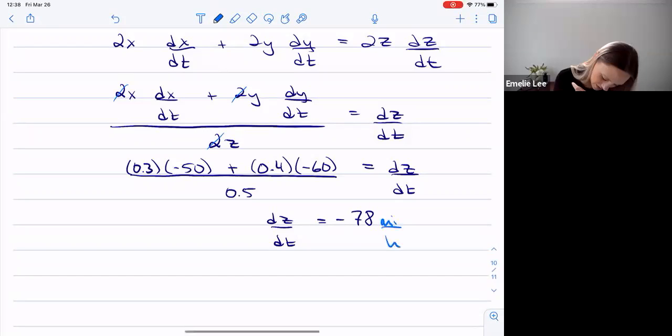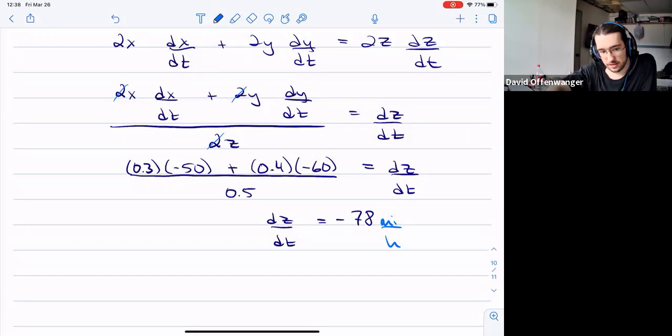I'm just going to speak up here, though. I hadn't set the 50 and 60 to negative, but when I was examining the little diagram I made further, I had the brainwave of, oh wait, it is going to be a decreasing thing, so actually it's negative 78 miles per hour because distance is decreasing. Awesome.